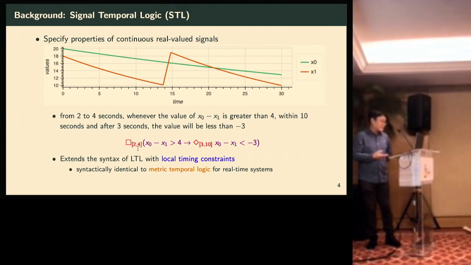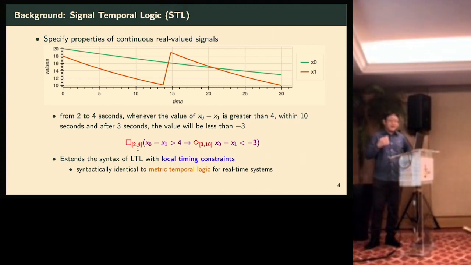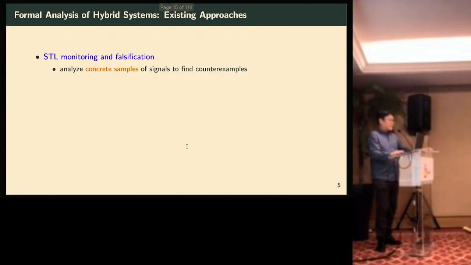This extends the syntax of LTL with local timing constraints, like intervals, and as mentioned by Peter, it is syntactically identical to metric temporal logic for real-time systems, but semantically it's different because it involves continuous signals. STL was proposed around 2005, and after that it has been widely used for monitoring and falsification.